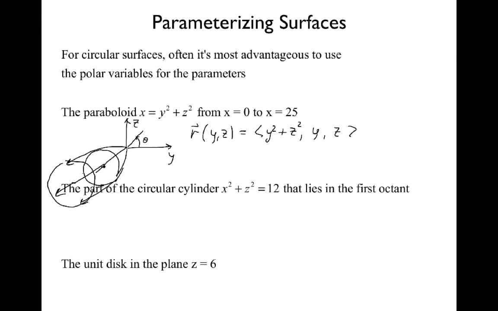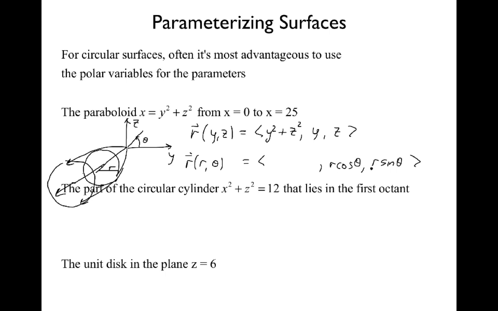So radius would be like this. Okay? R, theta. So what would y be? Y would be r cosine theta, just like x in the xy plane for the polar plane. And then z would be r sine theta.